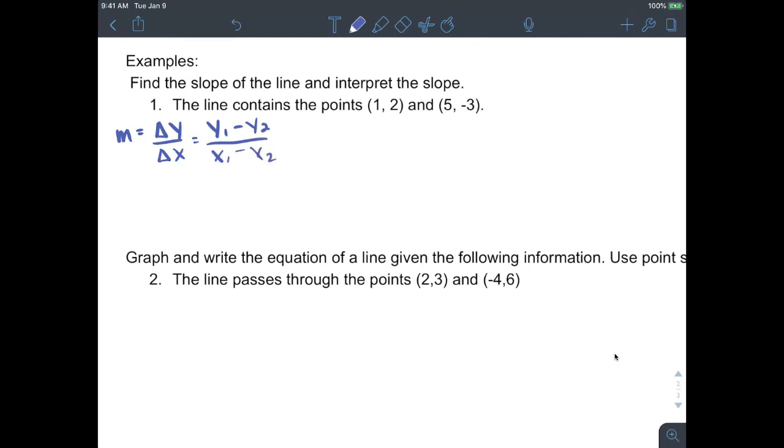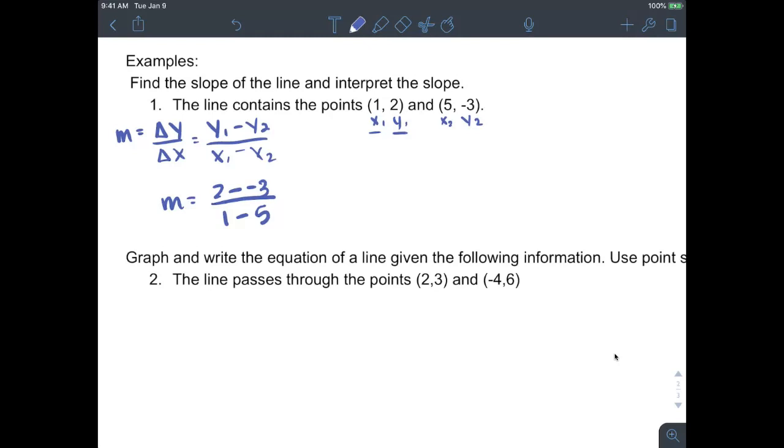Okay, so we're going to do x1, y1, x2, y2, and I'm going to substitute this in. The slope is equal to y1 is 2 minus -3 all over x1 is 1 minus 5.